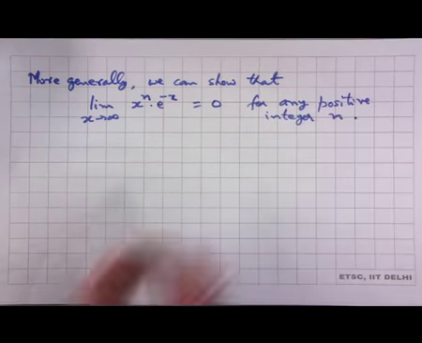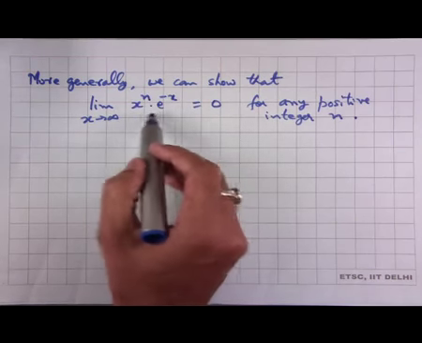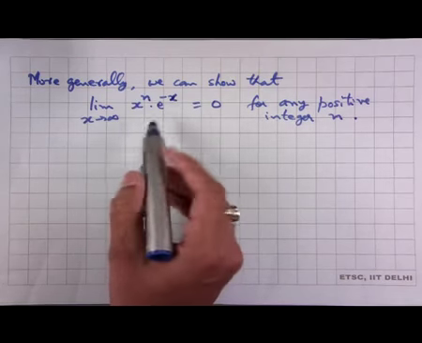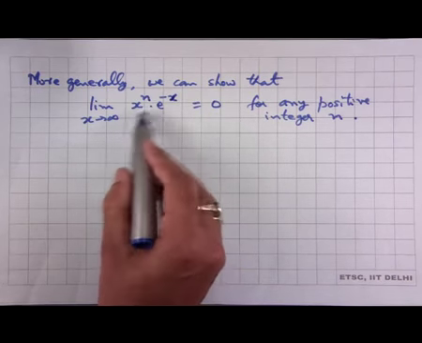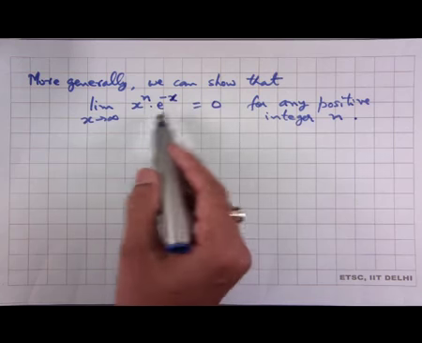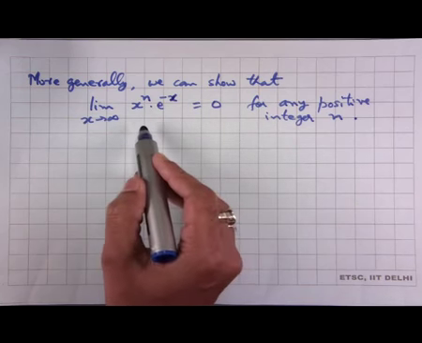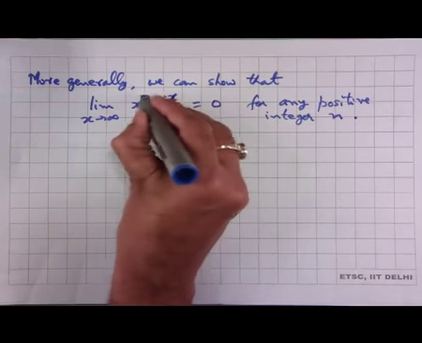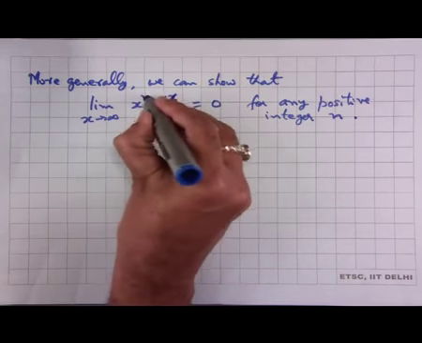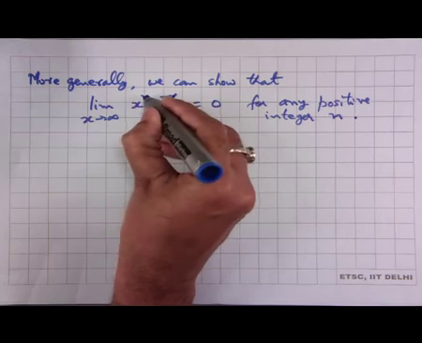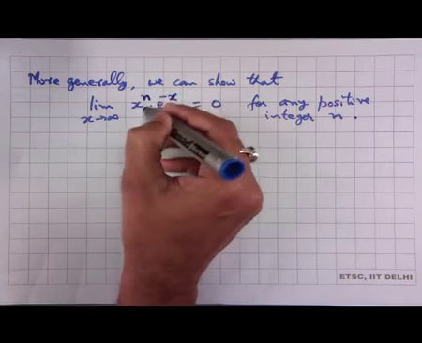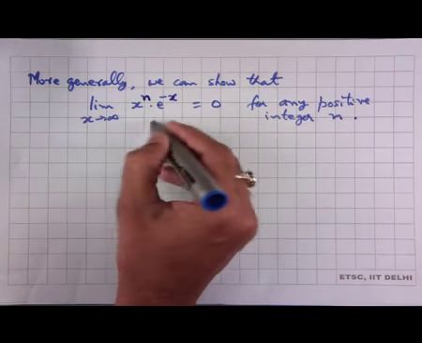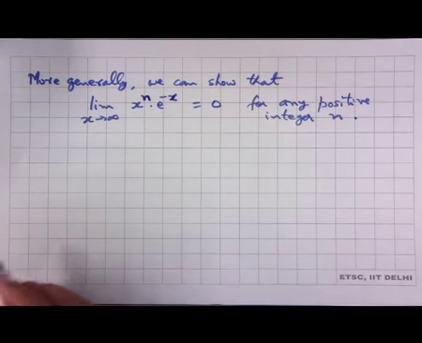This is because we write this as x to the n divided by e to the x and we keep on applying L'Hopital rule. So, the denominator is always e to the x, when you take derivative you keep getting e to the x, whereas the numerator is x to the n. So, when we take derivative of x to the n, the exponent is reduced by 1. So, if we take derivative n times, then we get a constant in the numerator and denominator is still e to the x, therefore, this limit will be 0.